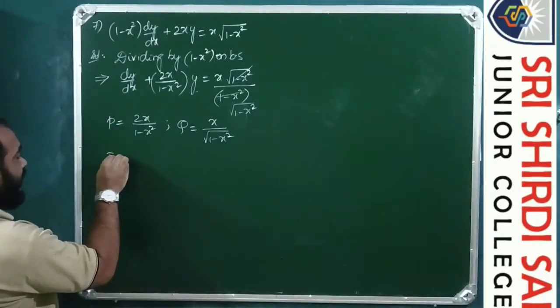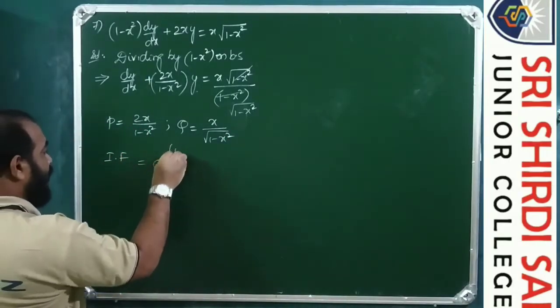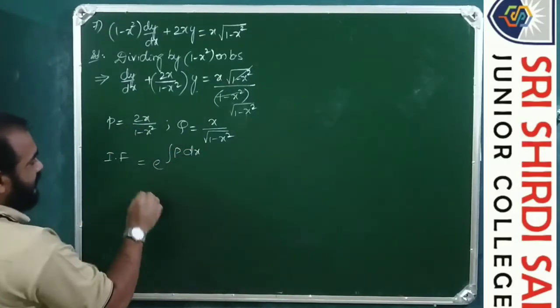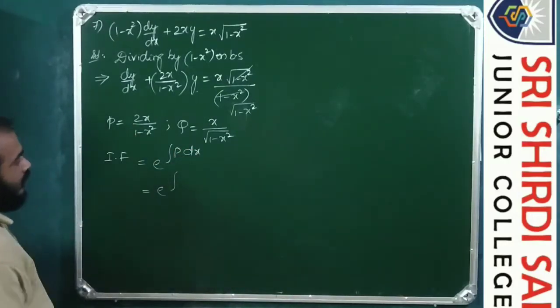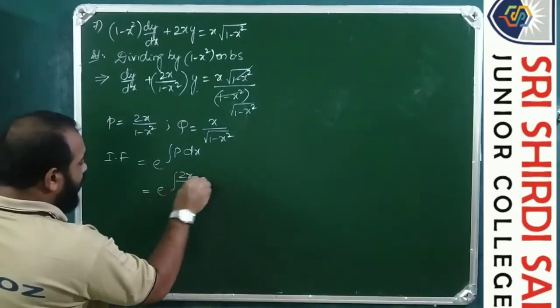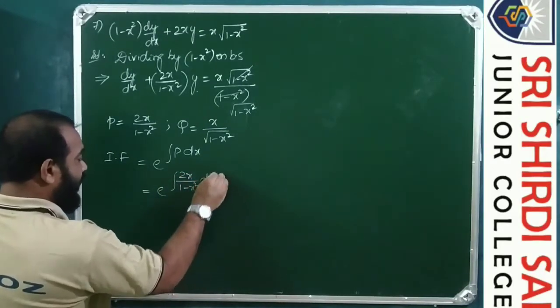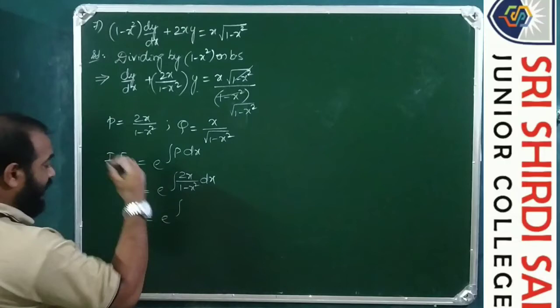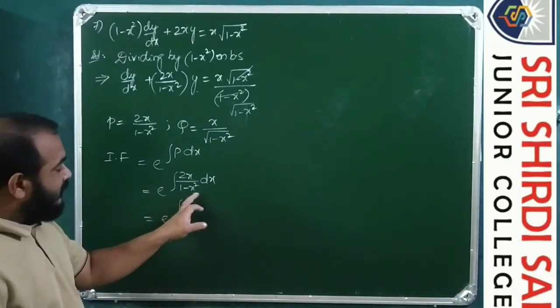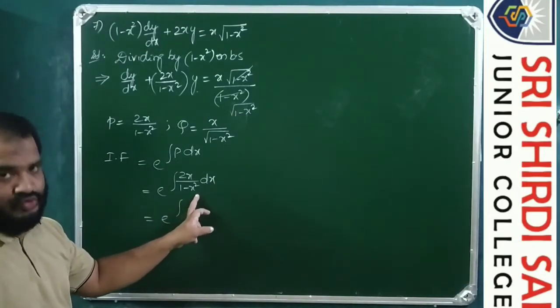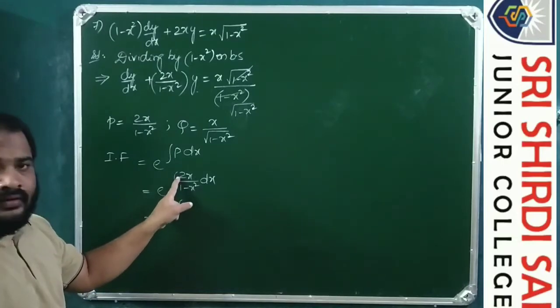Now the integrating factor is e power integral P dx. E power integral, the value of P is 2x by (1 minus x square) dx. Now the derivative of 1 minus x square is minus 2x, but here 2x is there.